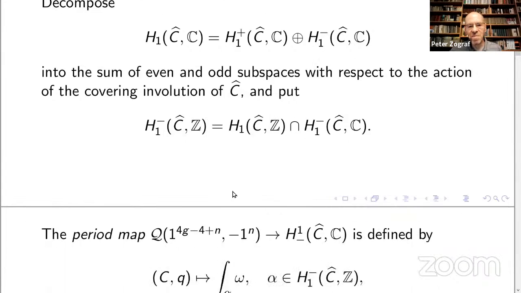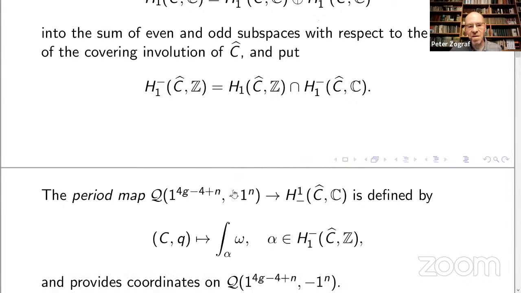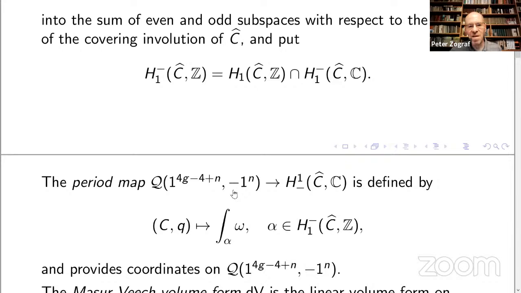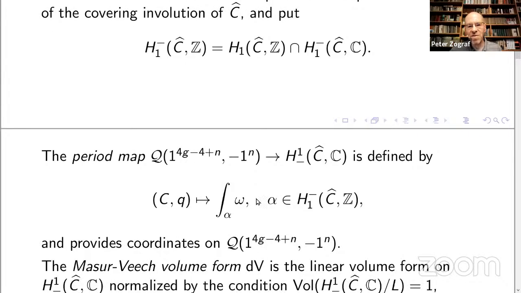The period map is a map from the principal stratum in the moduli space of quadratic differentials to the odd cohomology group of C hat with coefficients in C, defined by the following formula.